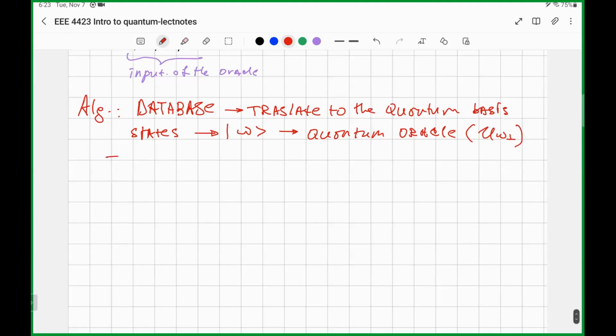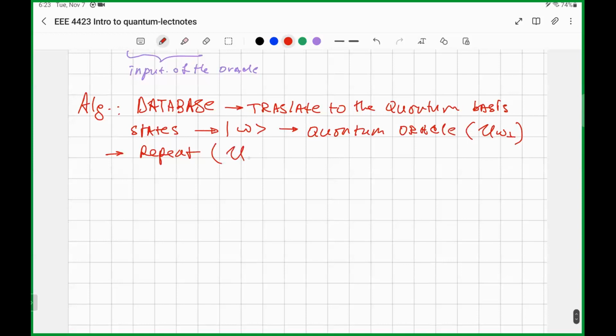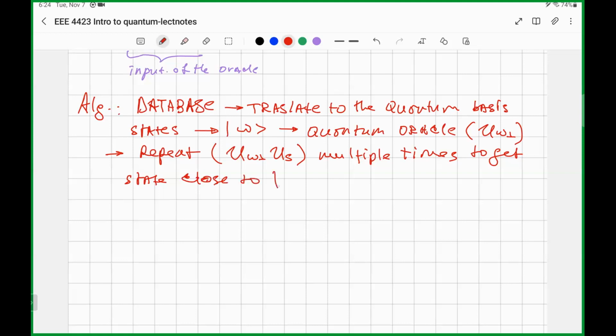And then we repeat the operation U omega orthogonal U s multiple times to get the state as close as possible to the state omega that we are after.